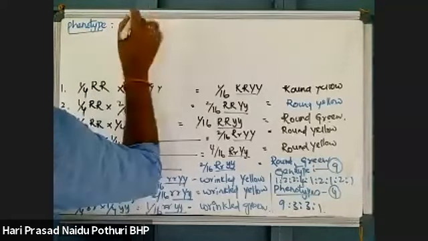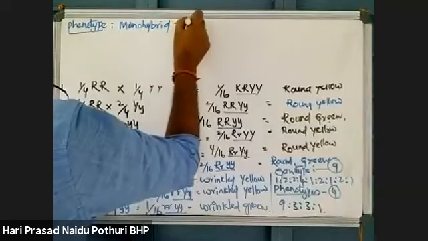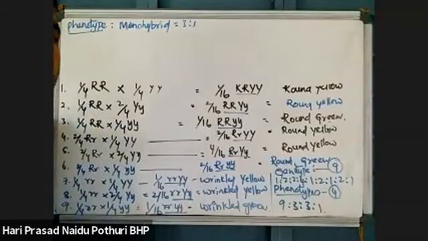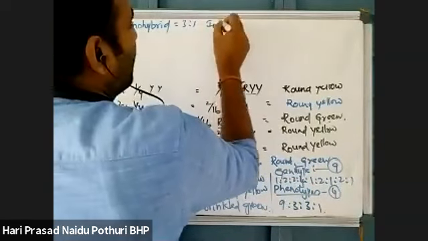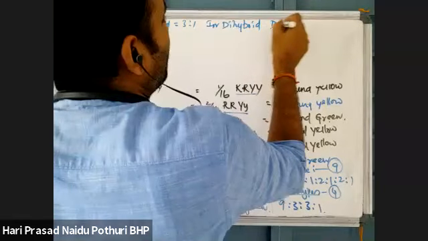Monohybrid phenotype is what? 3:1. 3 is dominant, 1 is recessive. But in dihybrid, what are the dominant characters?